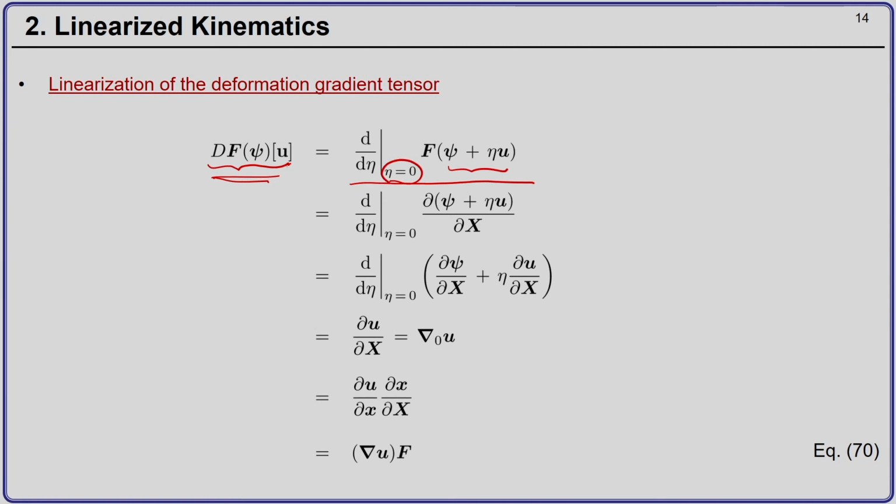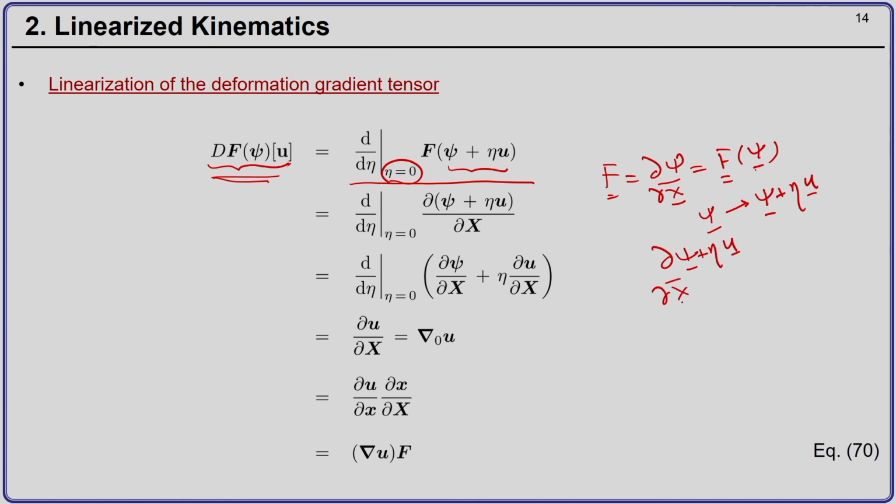Okay. Now, F evaluated at psi plus eta u is nothing but, okay, so F is del psi by del X. So, it actually means F of psi. Okay. So, changing psi to psi plus eta u means you want to compute del of psi plus eta u by del X. Okay, that is your F of psi plus eta u.